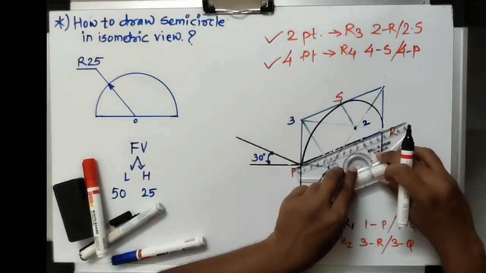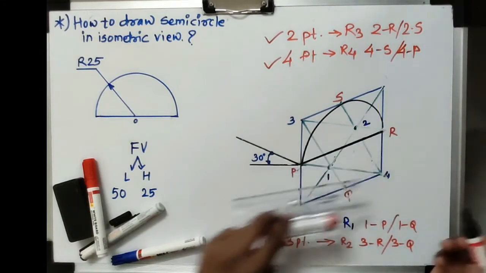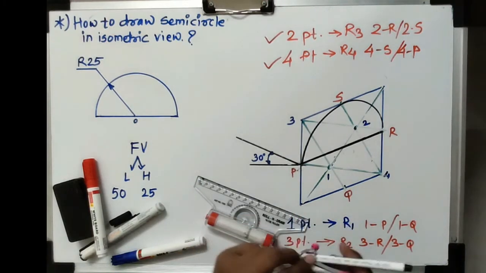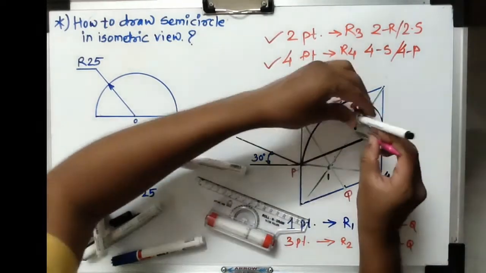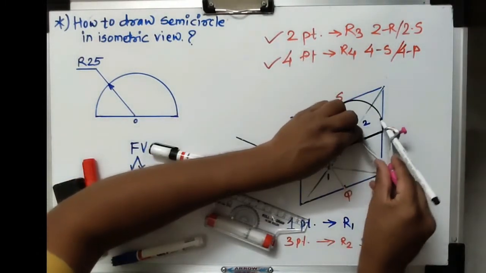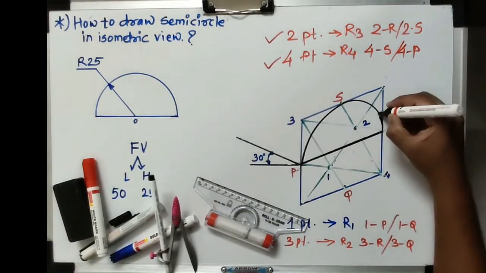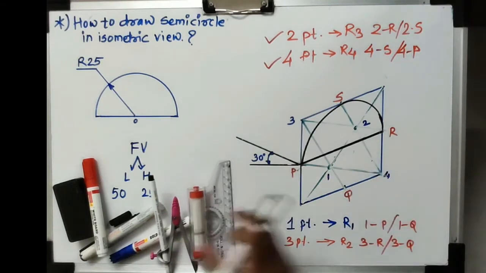So here I am going to represent the final object with black color shade. This is the diameter line of the semicircle, and the complete arc I will make somewhat darker. Now this is the complete semicircle created in the isometric view.